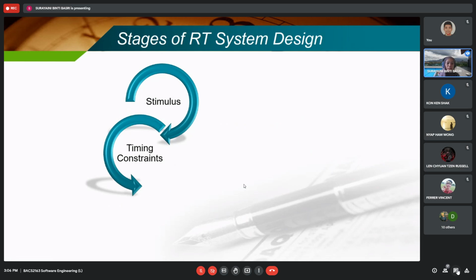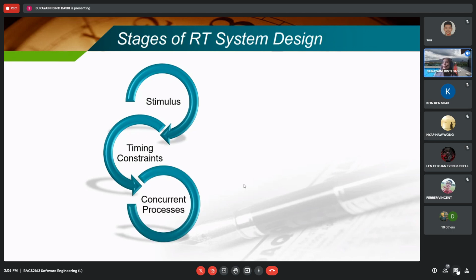After that, you will need to determine the time constraint, meaning at what time interval the system will need to be stimulated. After that, what are the concurrent processes that may be happening in your real-time system?